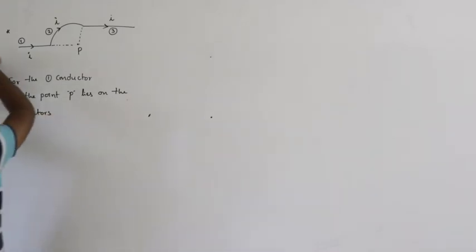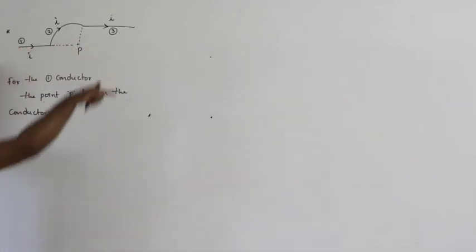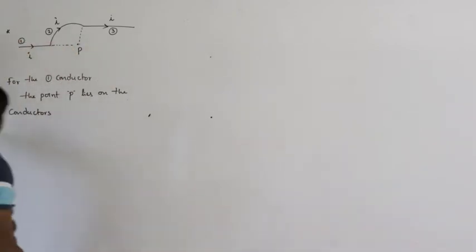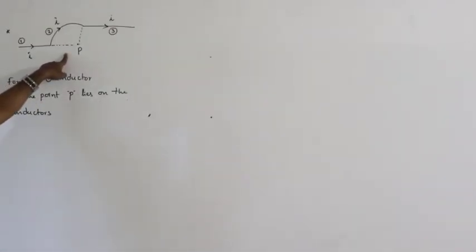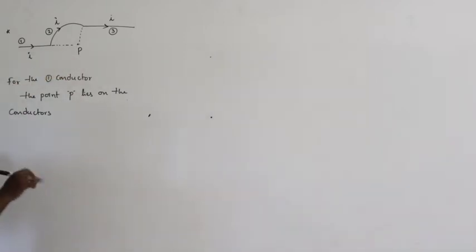See here, this is the infinite current carrying conductor length. For that infinite current carrying conductor, the point P is on the conductor. So if the point P is on the conductor, the magnitude of the magnetic field must be 0.